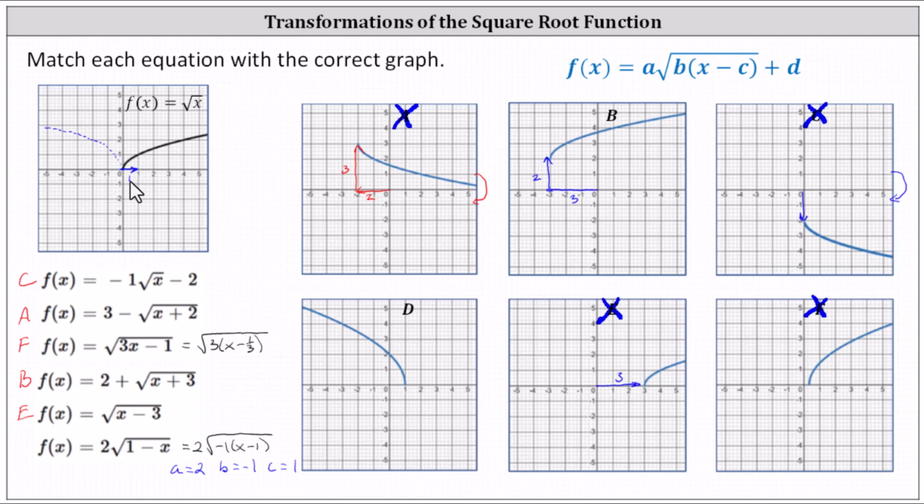And then because a equals positive 2, we have a vertical stretch by a factor of 2, and the graph is stretched vertically, again by a factor of 2. And notice the graph would be graph D, where again this is the graph of the basic square root function, reflected horizontally, shifted right 1 unit, then vertically stretched by a factor of 2. D is the correct graph for the last function.